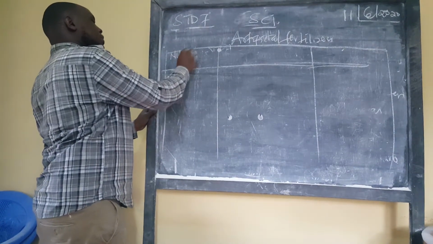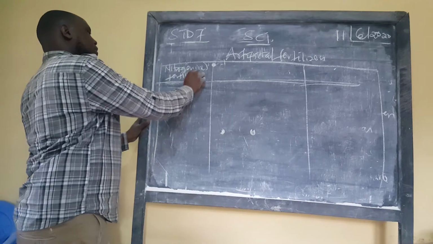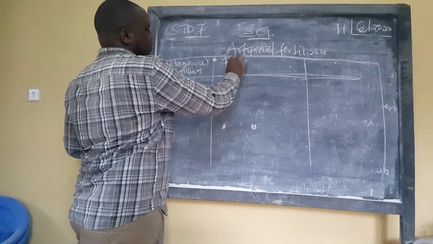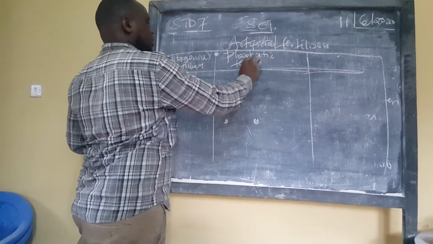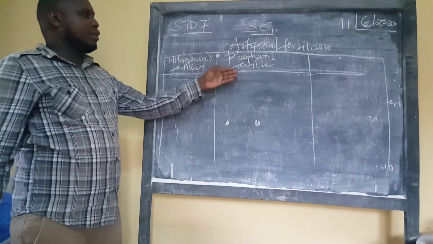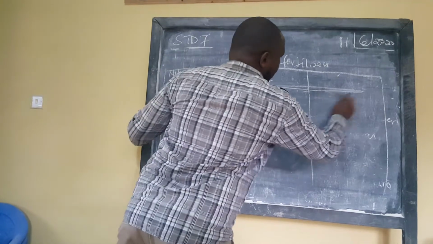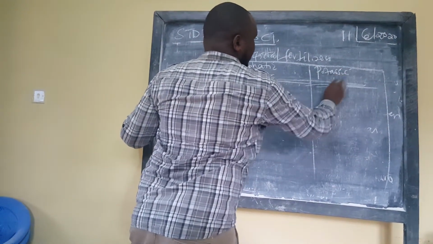Nitrogenous fertilizers, that side. Then from there we have phosphatic fertilizers. So this will give you the name phosphatic, phosphorus. So phosphorus we found a macronutrient. Then we have potassic fertilizers.